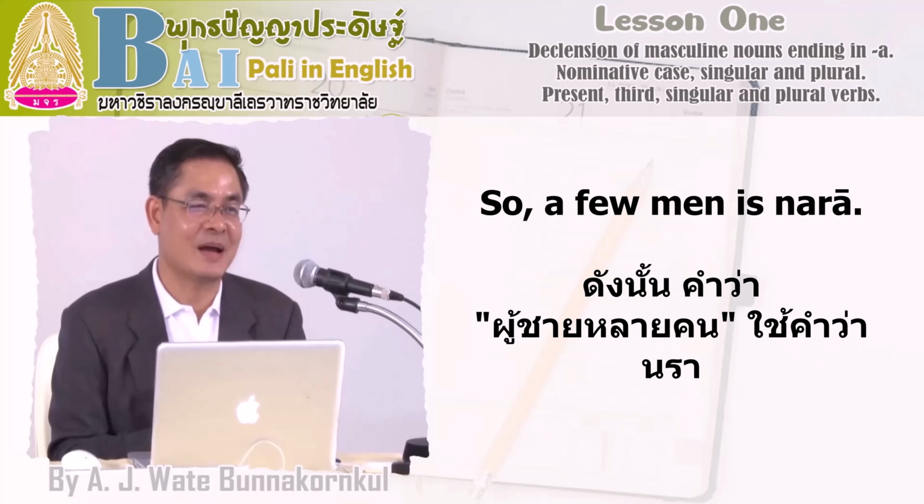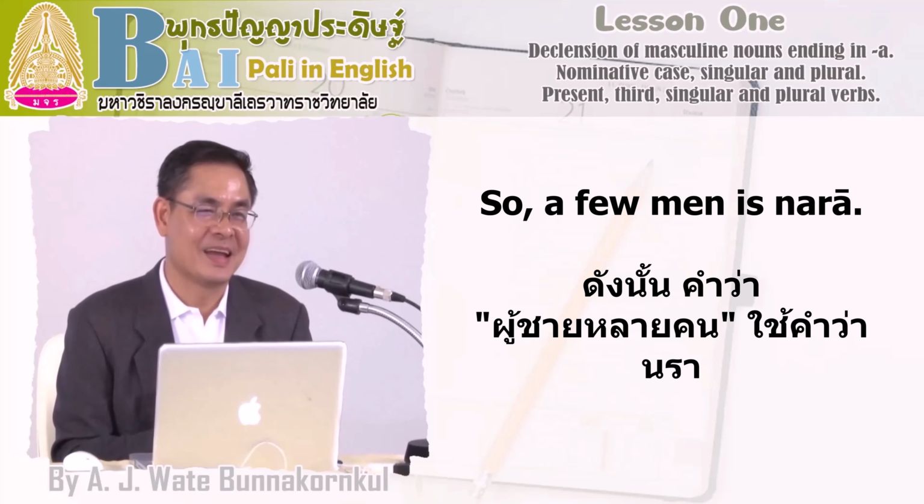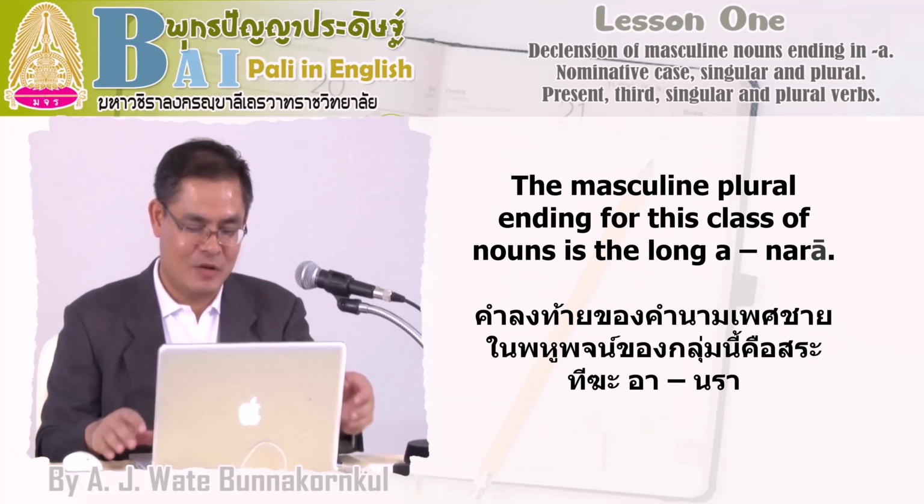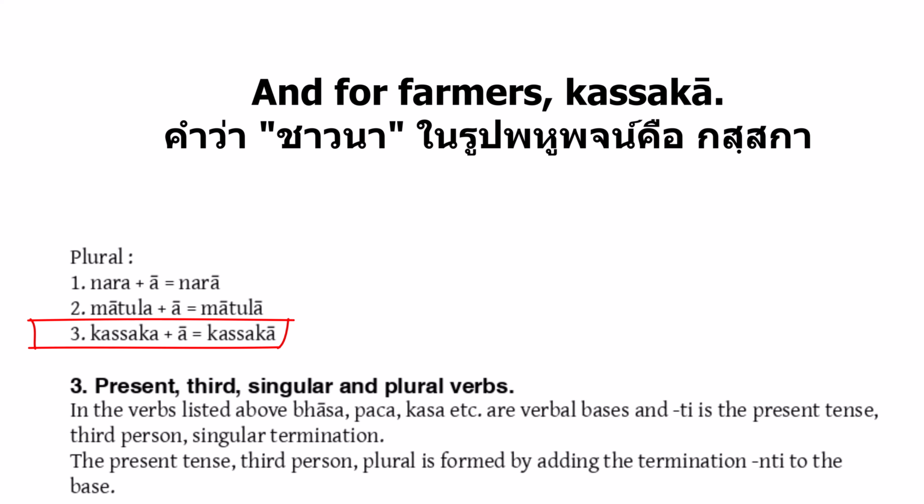So a few men is nara. The masculine plural ending for this class of nouns is the long A. Nara. For uncles, matula. And for farmers, kasaka.